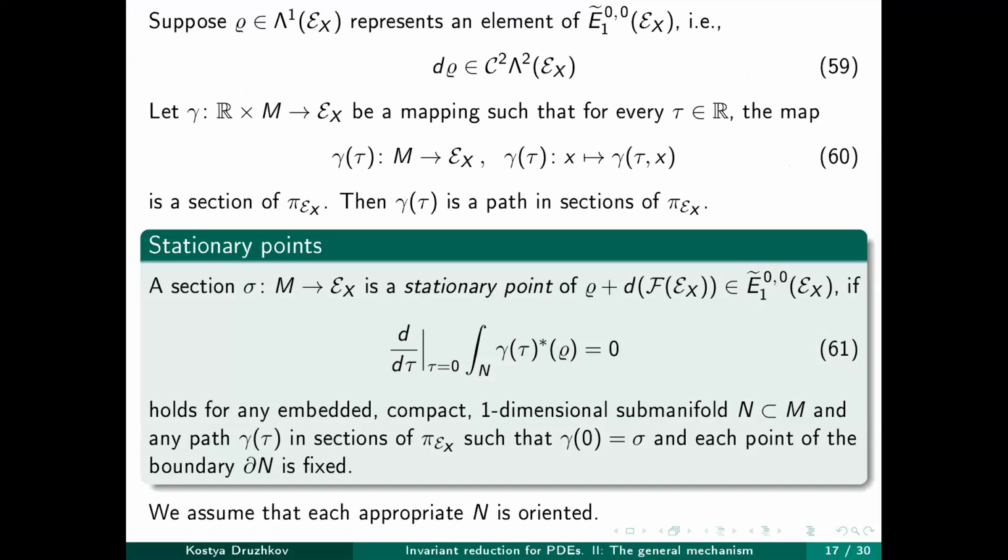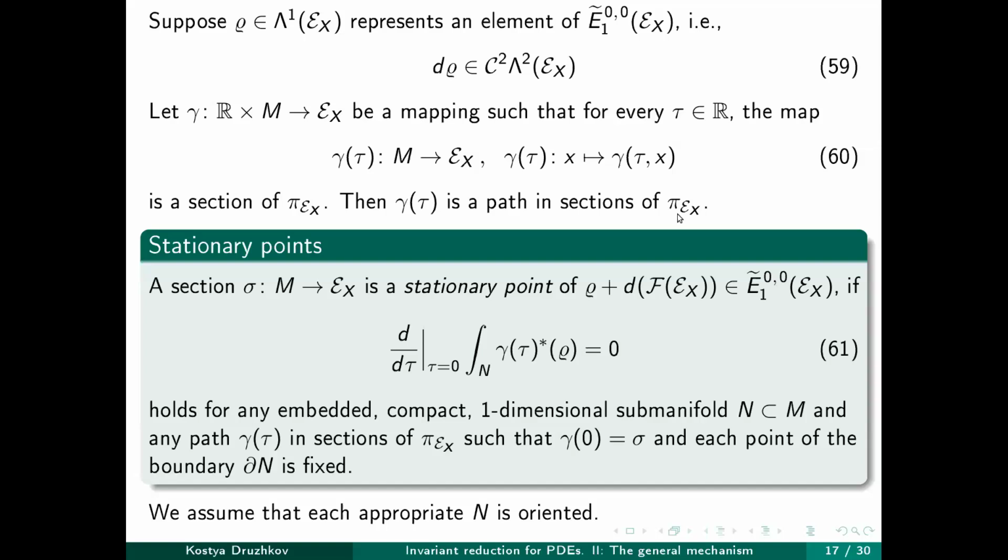So suppose that rho represents an element of this group, then rho is twice the Cartan form, and let gamma be a mapping such that for every tau, for every first argument, the resulting map is a section. So gamma is just a deformation of a section, or in other words, a path in sections of E epsilon x.